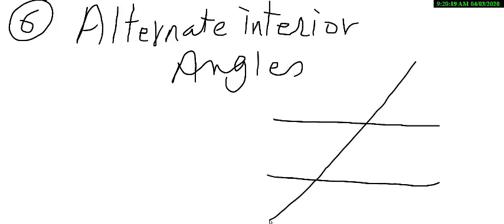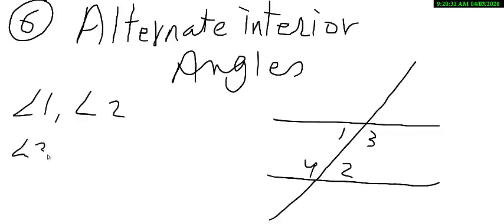Angles number 1 and 2, 3 and 4. Angle 1 and angle 2 are alternate interior angles. Angle 3 and angle 4 are alternate interior angles. So these two pairs are examples of alternate interior angles. The alternate interior angles are on the corners inside the transversal.